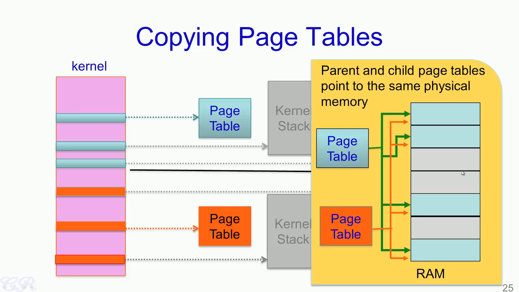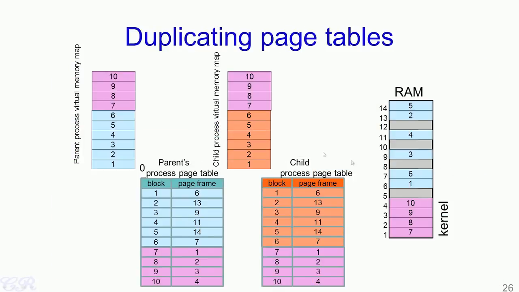Let us look at this in more detail. We have the parent process with its virtual memory map and the corresponding child process with its own virtual memory map, and each of these processes has its own page table. The child process page table is an exact replica of the parent process page table.